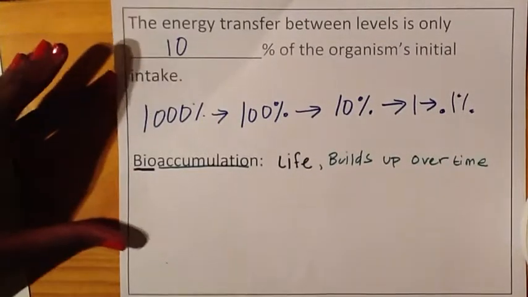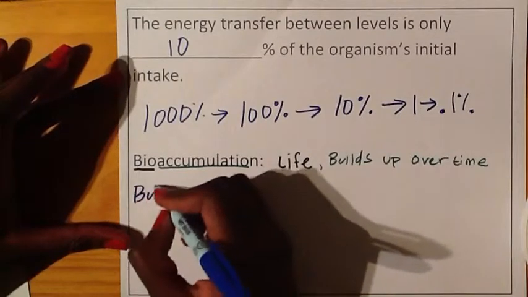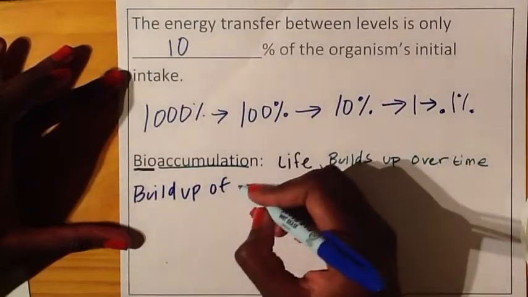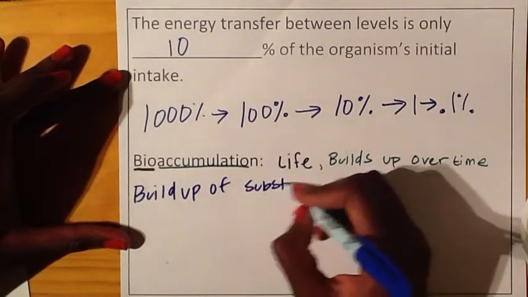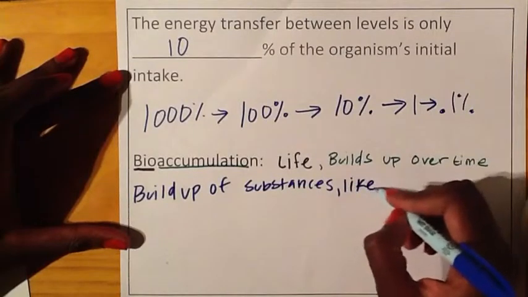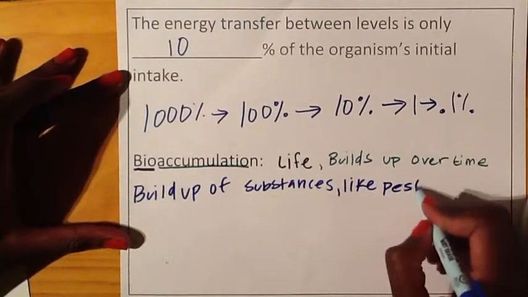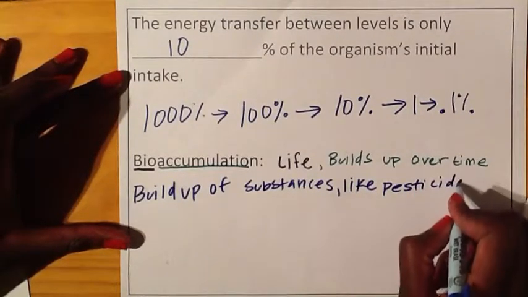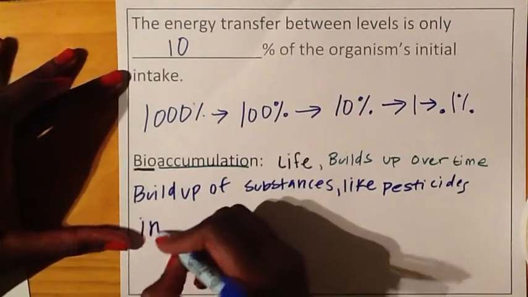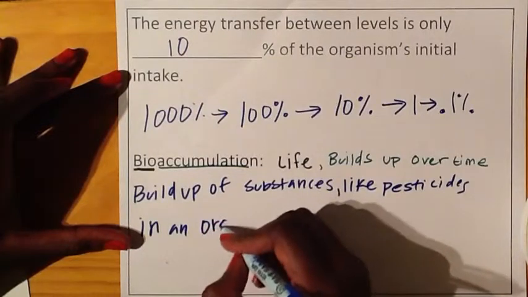Bioaccumulation refers to the buildup of substances like pesticides in an organism.